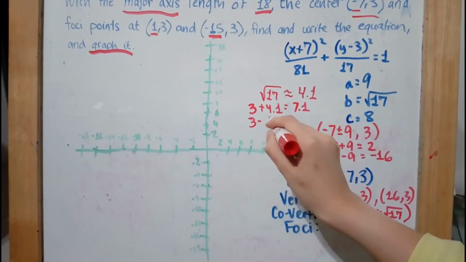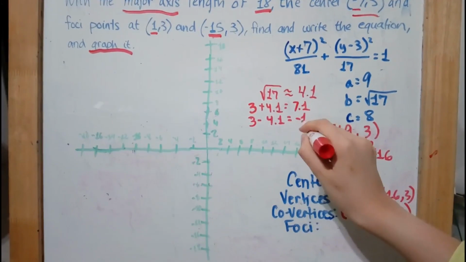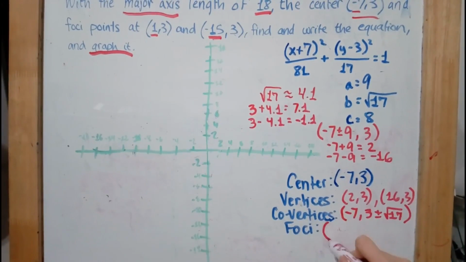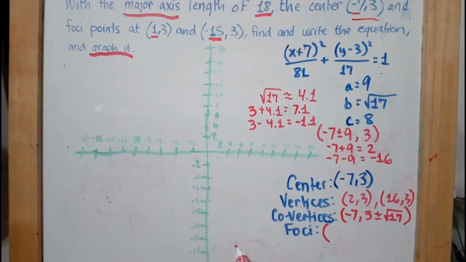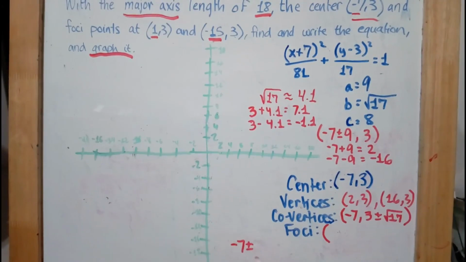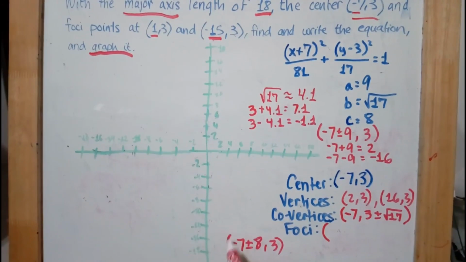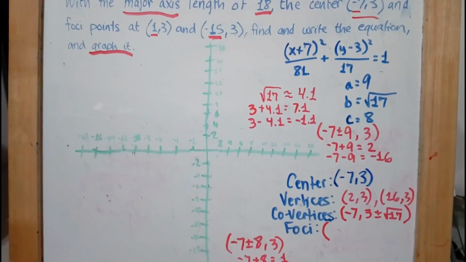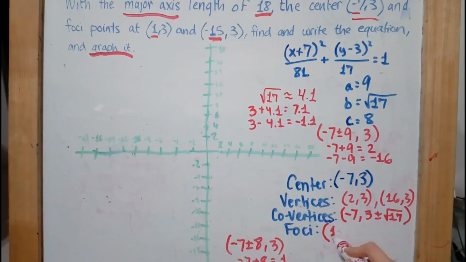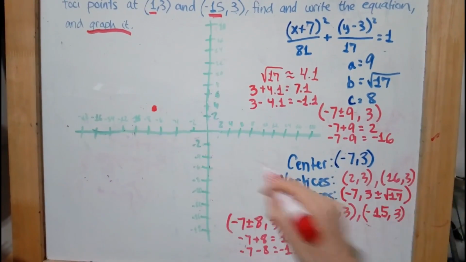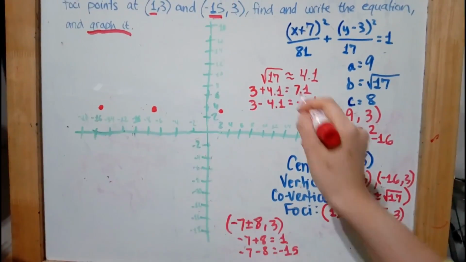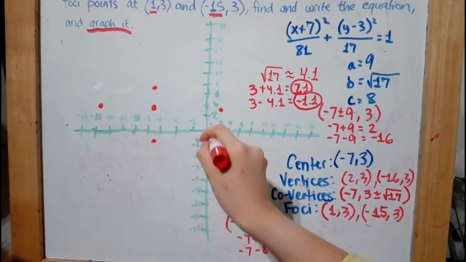And so if we add and subtract 4.1 to 3, we get 7.1 and -1.1. So -7, 7.1, and -7, -1.1. Then the foci points at 1, 3 and -15, 3. And we can connect the vertex points with the co-vertex points to get this nice ellipse shape.